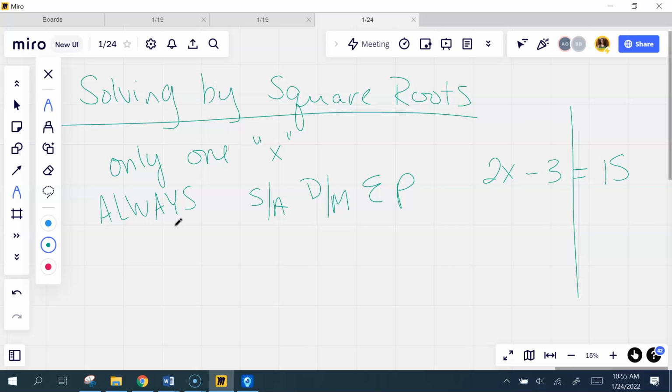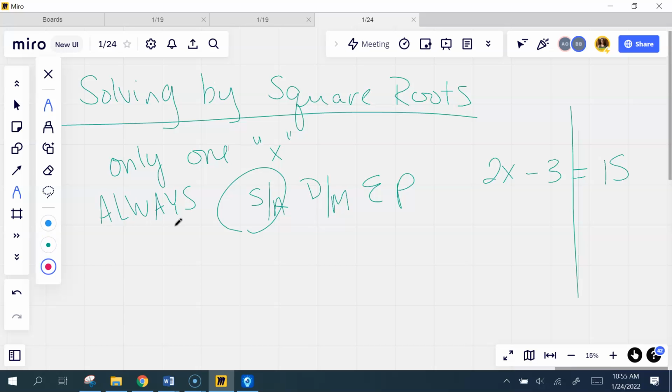Okay, so when I simplify something, I go PEMDAS, right? We all know that. Parentheses first, exponent, multiplication, division, addition, subtraction. But when I solve, solving is the opposite of simplifying. So I'm going to go in the opposite order. I'm going to look and say, is there any addition or subtraction being done to x that I can get rid of first? Yes, because subtracting 3 here.